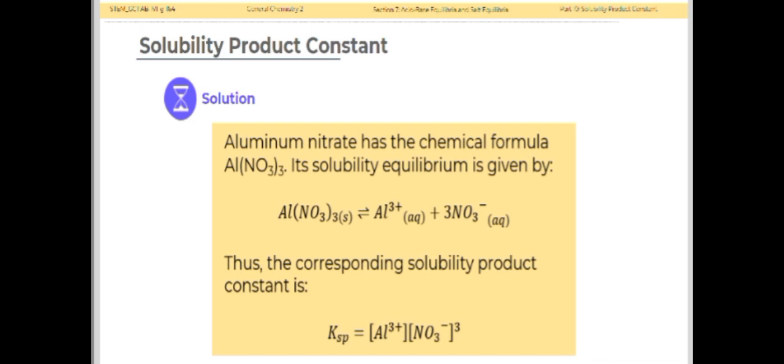For every mole of aluminum nitrate dissociated in water, 1 mole of aluminum ion and 3 moles of nitrate ion are produced. The corresponding solubility product constant is equal to the equilibrium concentration of aluminum ion times the equilibrium concentration of nitrate ion cubed.